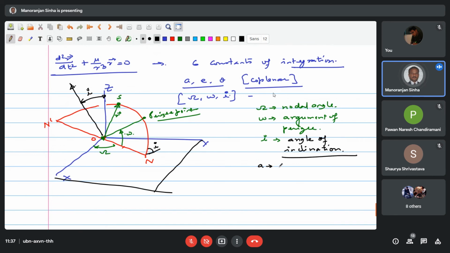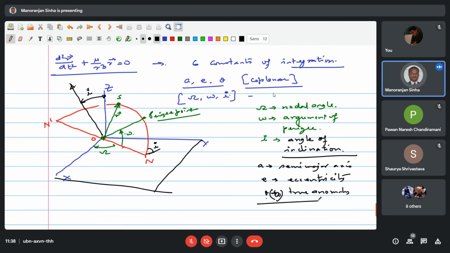If we write a as the semi-major axis, e as the eccentricity, and theta as the true anomaly, theta we write as theta at t0.